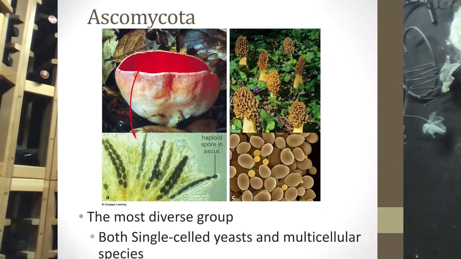But single-celled yeasts are also considered Ascomycota, and that's the picture you see in the lower right corner labeled C. So those are single-celled yeasts, also Ascomycota. They stay single cell. They don't form these multicellular fruiting bodies that you see. So they remain very simple.